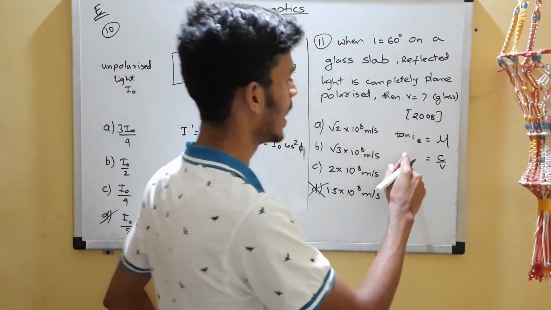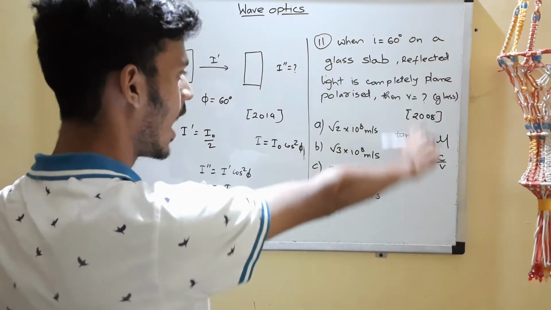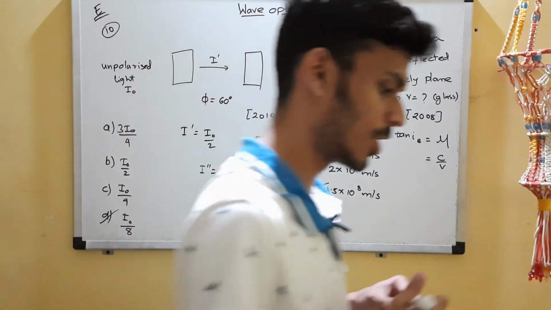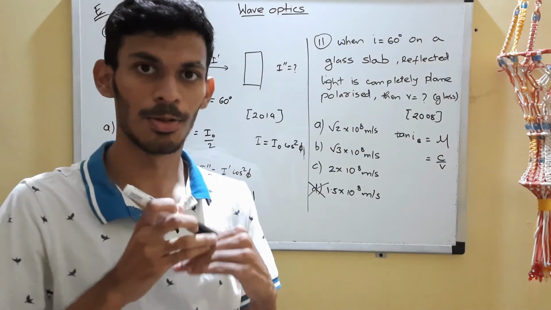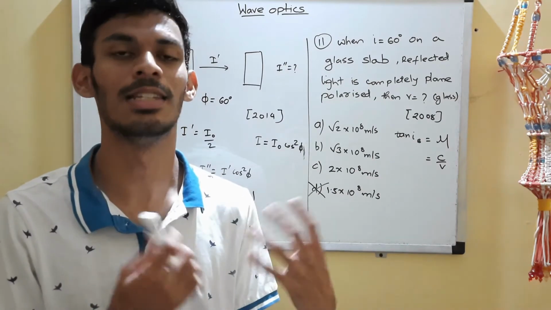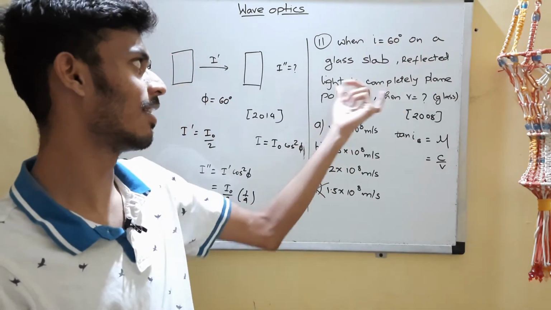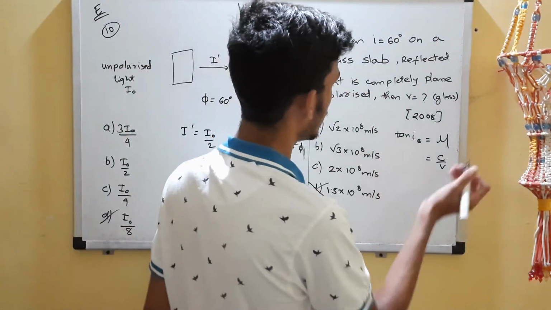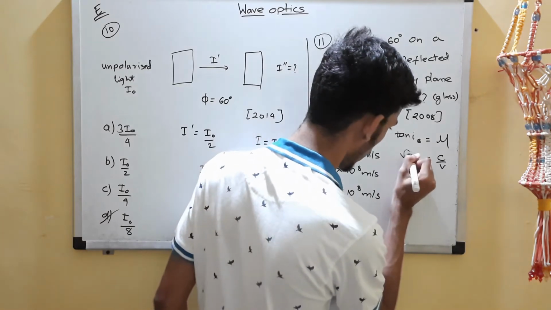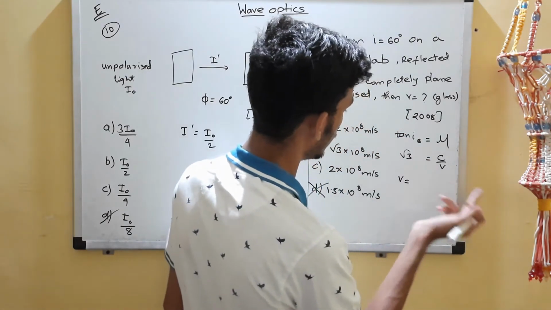Now tan iB. iB we know as 60 degrees. iB is the angle at which your incident ray strikes the surface so that the reflected ray is plane polarized, and it's given that it's 60 degrees for the reflected ray to be completely plane polarized. So tan 60 is root 3. We are supposed to find v, velocity in glass.